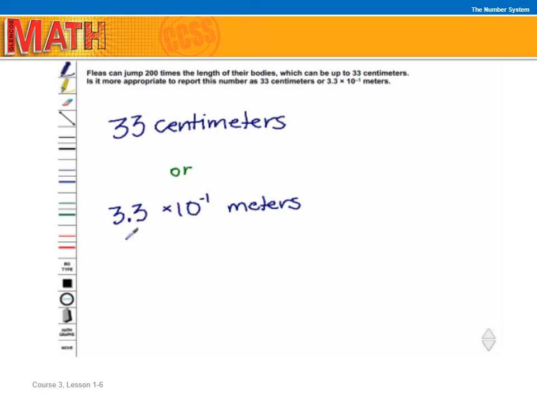The number 3.3 times 10 to the negative first meters is a very small number, so choosing the larger unit is more meaningful, which means in this particular problem, 33 centimeters is more appropriate.